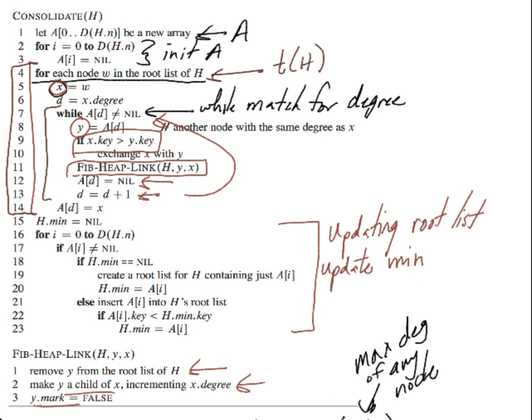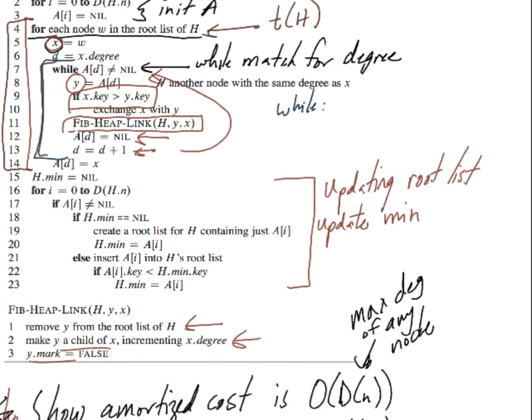It's going to look at all the other potential nodes and potentially merge them. So we have a t squared of h operation. But the key to notice here is how many times can this while loop execute total? Actually, let's write that down here.